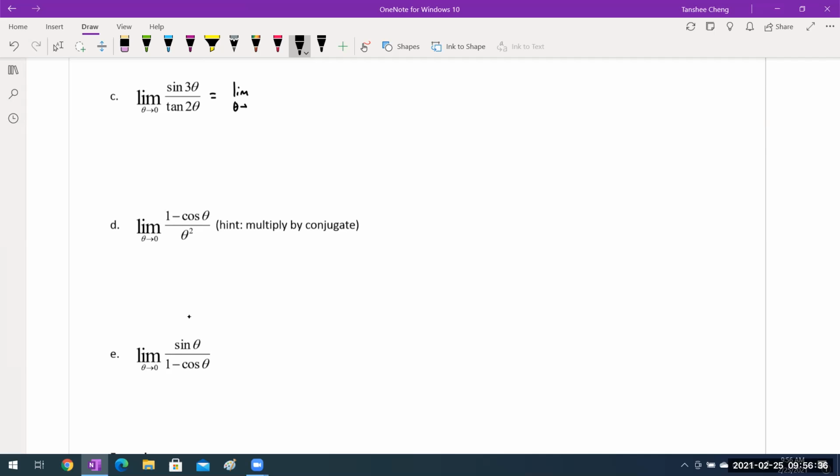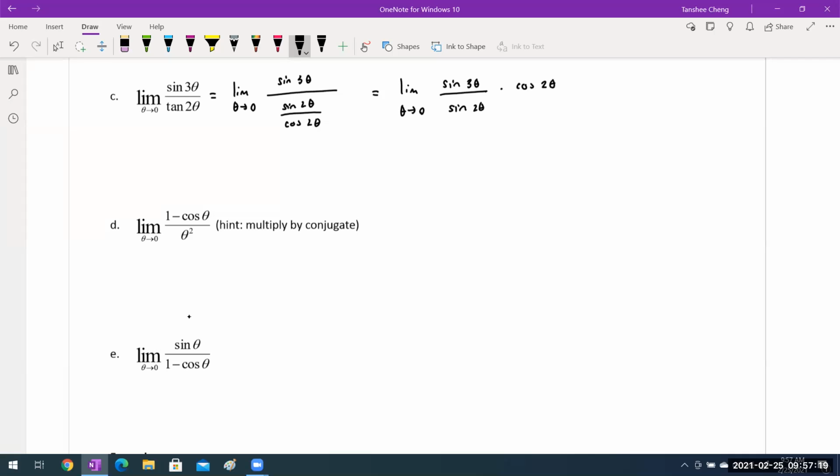The limit as theta approaches 0 of sine 3 theta over sine 2 theta over cosine 2 theta. Then I will rewrite this as the limit as theta approaches 0 of sine 3 theta over sine 2 theta times cosine 2 theta.